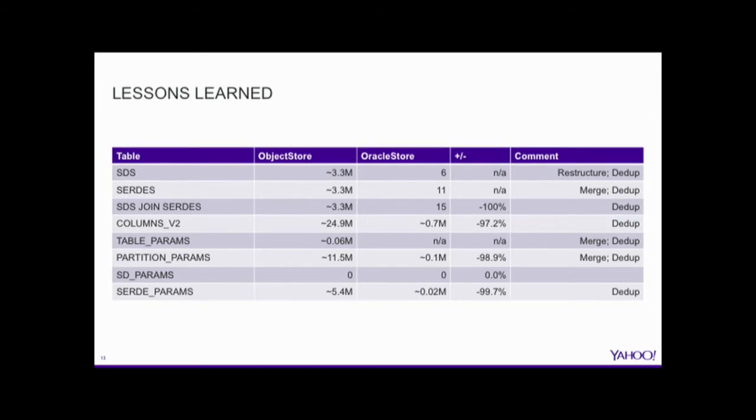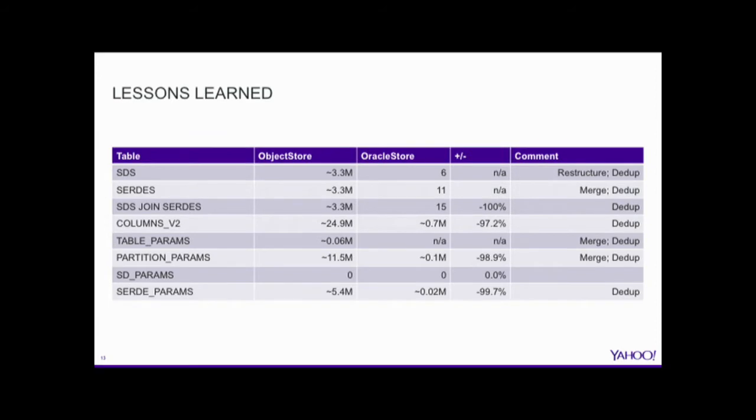These are 2 tables that exist in the current schema. The SDS table stores storage descriptor object data, and the SERDES table stores SERDE object data. Each table has 1 record for each table and partition that the Metastore manages. Hence, we have 3.3 million records in each of these two tables.